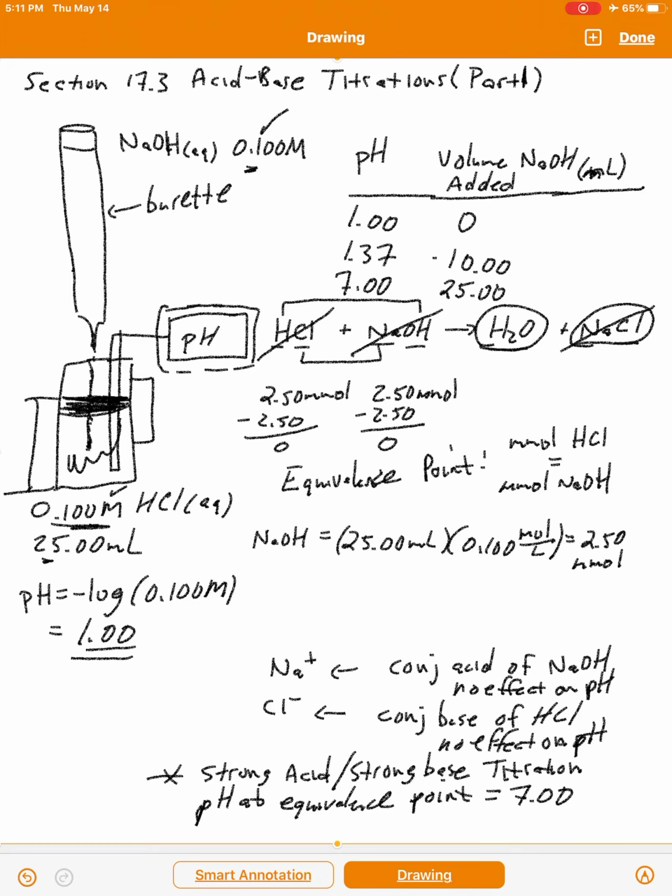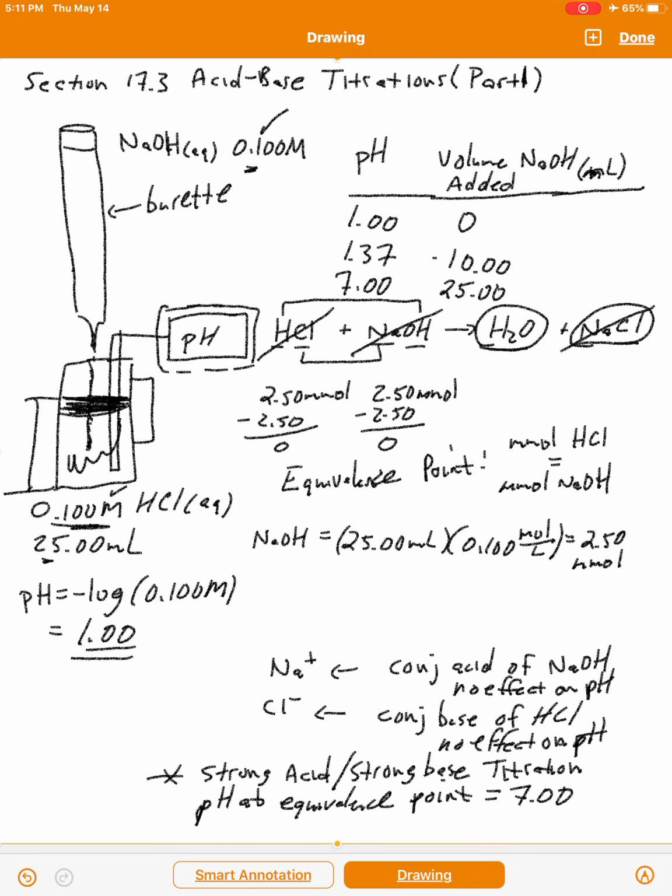Now the requirement is that it be a strong acid and a strong base. It cannot be a strong acid with a weak base, or a weak acid with a strong base, or a weak base with a weak acid. It has to be a strong acid with a strong base, because the products are water and a salt, and the salt does not have any effect on the pH. So for that reason, at the equivalence point, it would be 7.